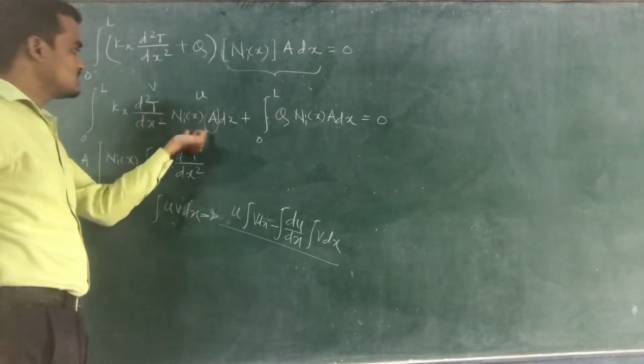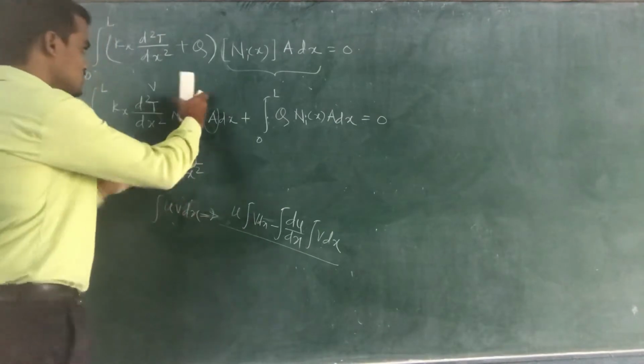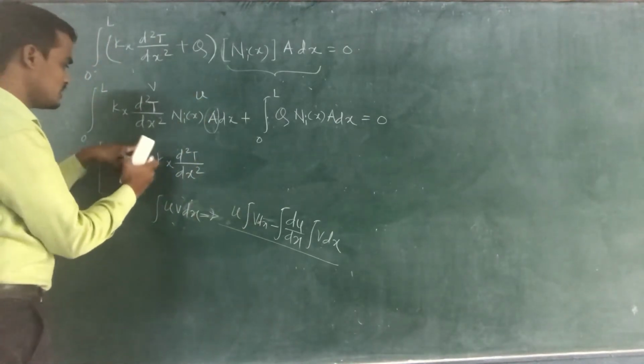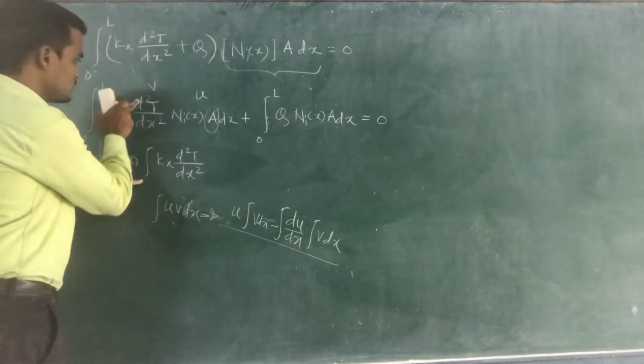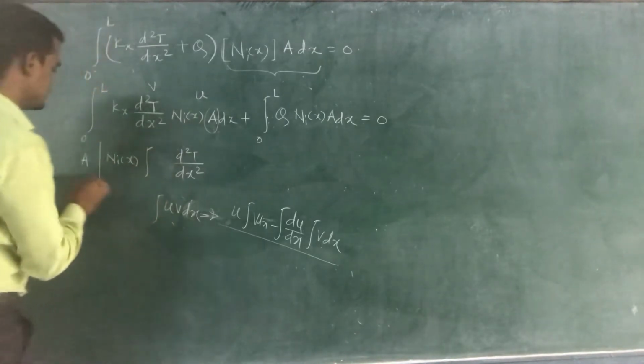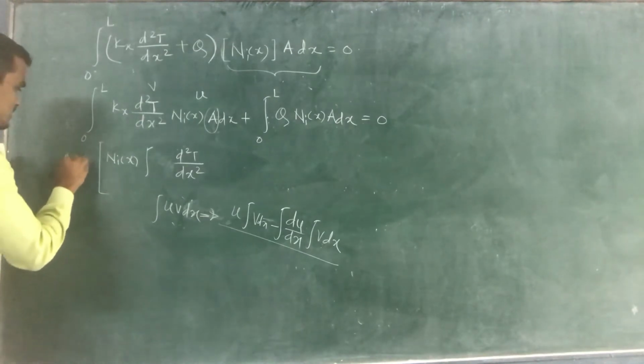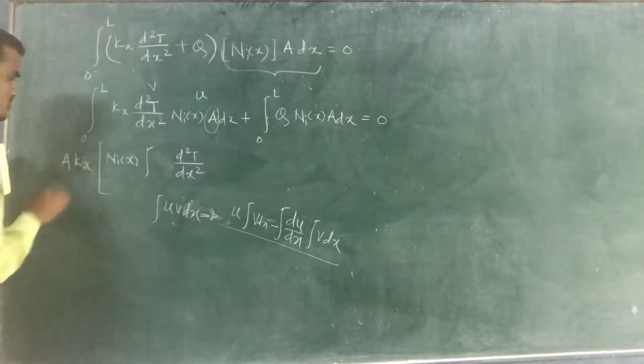Here we have considered this term as u and this term as v, so u times integration of v dx: Ni of x into integration of kx d square t by dx square. kx is also a common term, so you can take a into kx common.